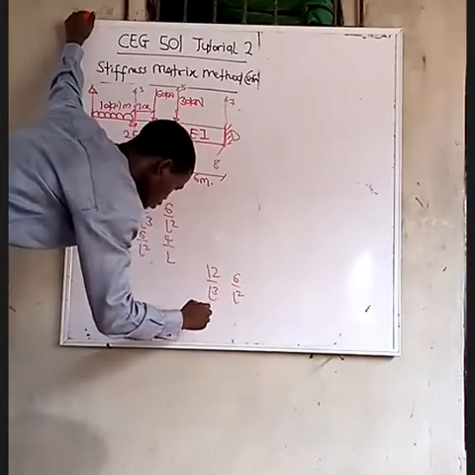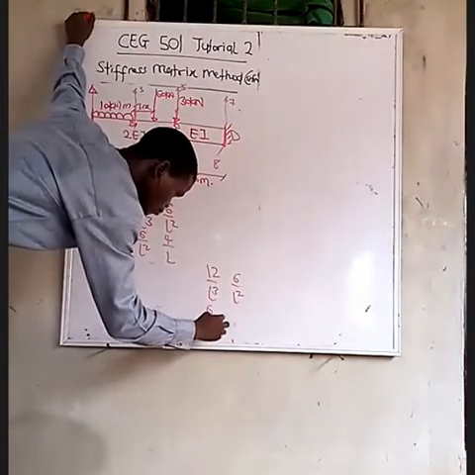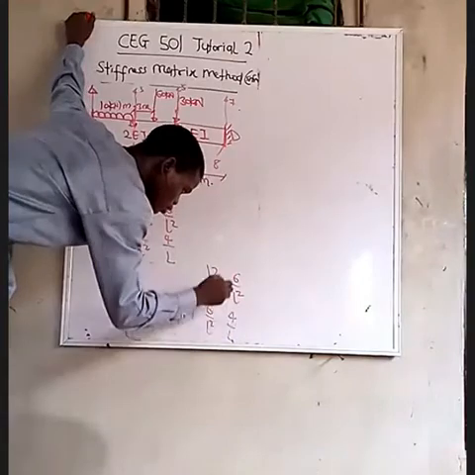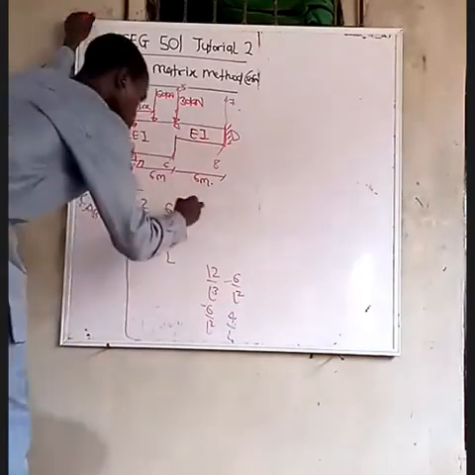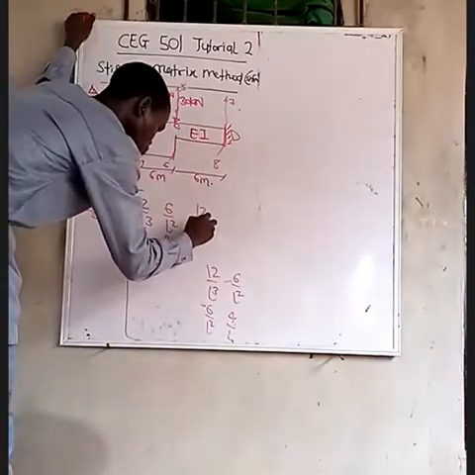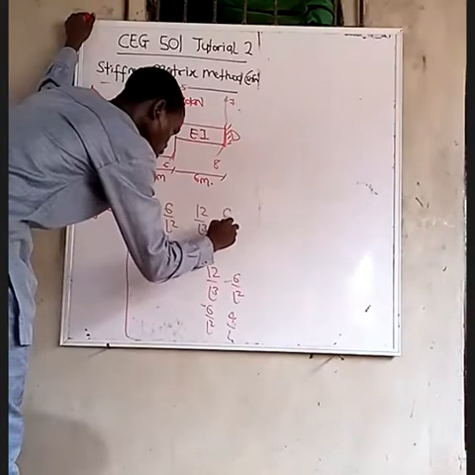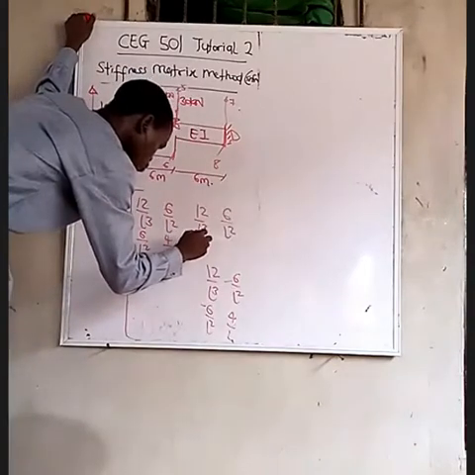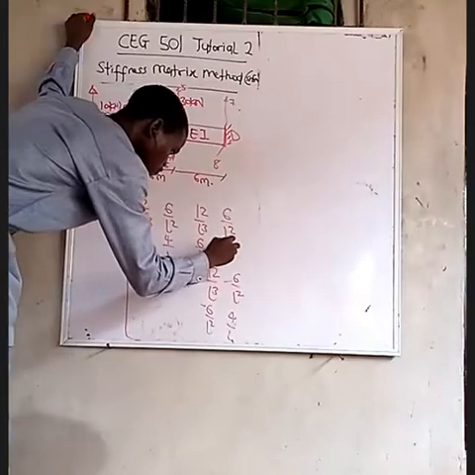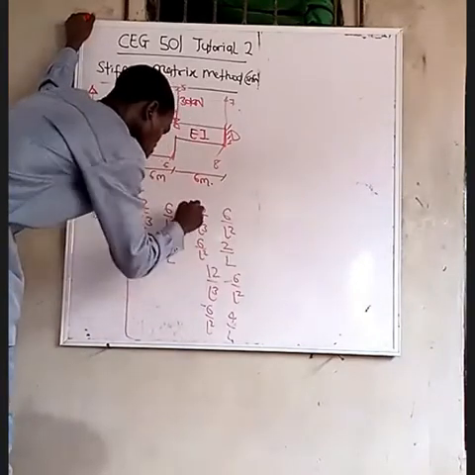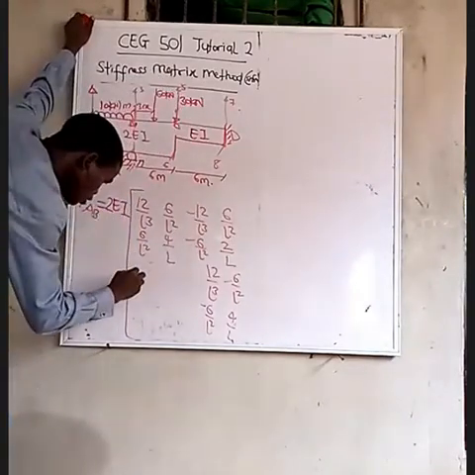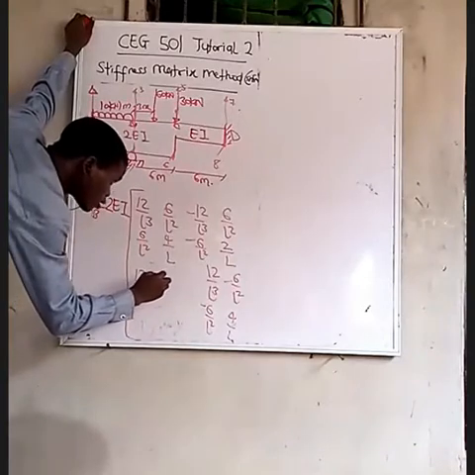4 over L. 12 over L cubed. 6 over L squared. 6 over L squared. 4 over L. Negate diagonal. 12 over L cubed. 6 over L squared. 6 over L squared. If I'm wrong, please tell me.